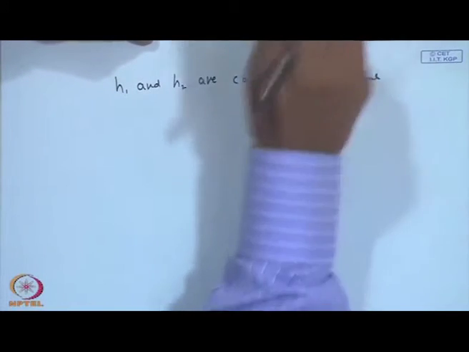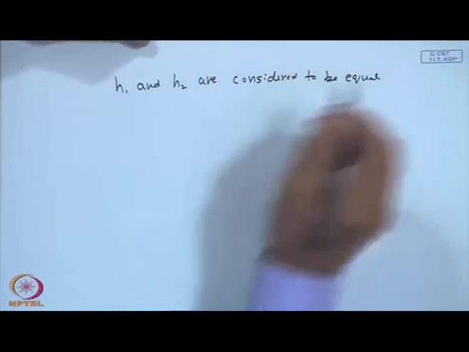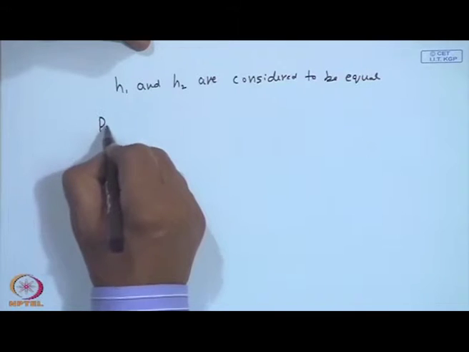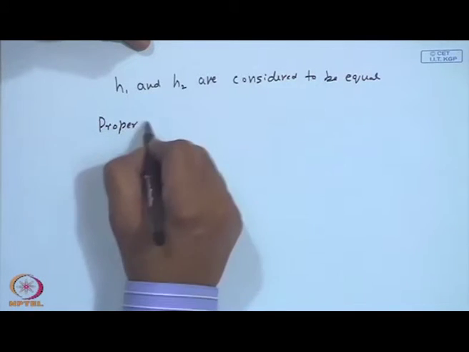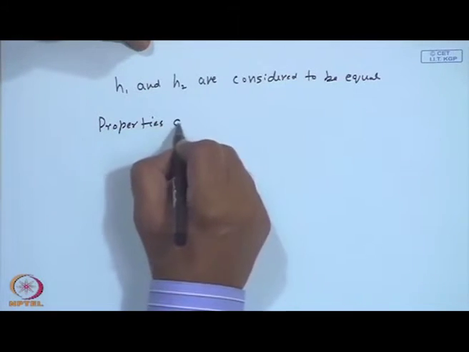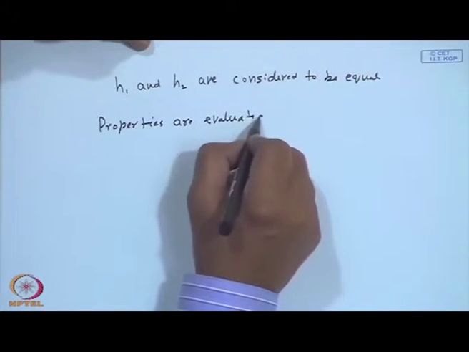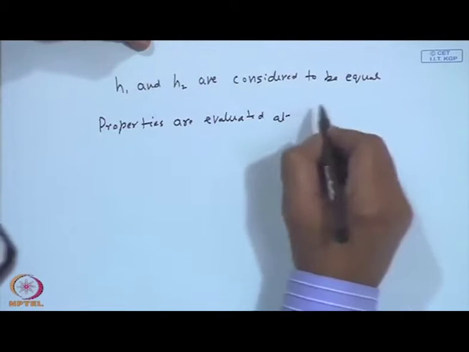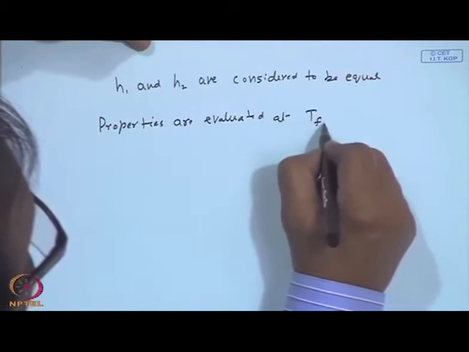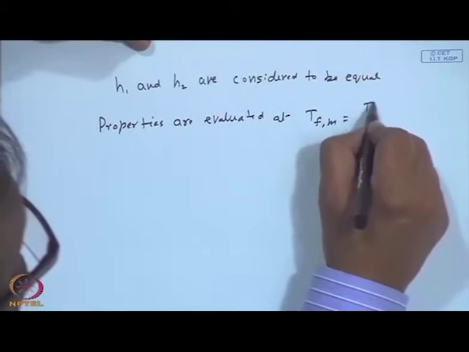Also, the properties are evaluated at T f mean equal to T f i plus T f o by 2.